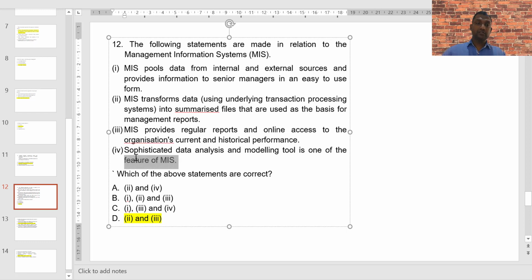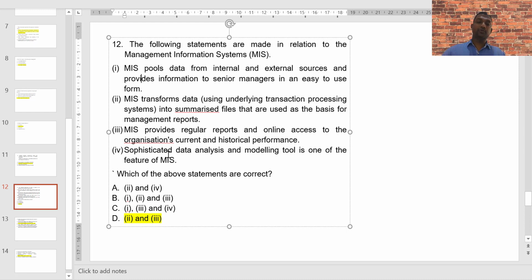MIS does not do data modeling and analysis. Data analytics tools are doing it. So MIS is about getting summarized reports from the data which is available. It's not doing any kind of data analysis or modeling. So the marked answer is D, which is the second statement and the third statement.